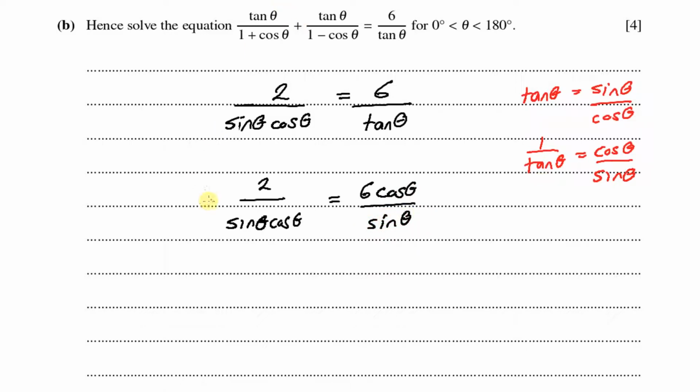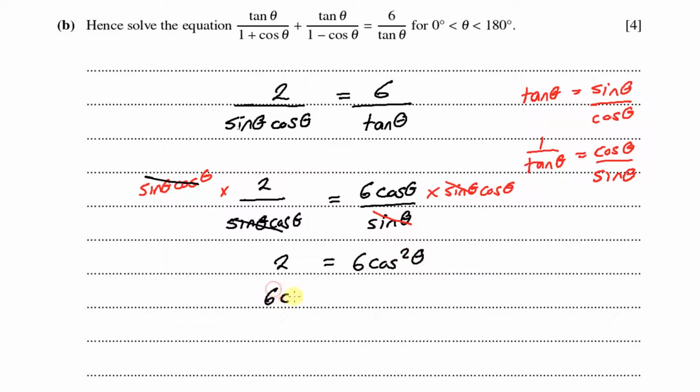And while I'm here, I'll multiply both sides by sine theta cos theta, so this side again by the same, which means here they'll cancel out, so I'm left with a 2, and here sine theta will cancel out with this, so I'm left with 6 cos theta cos theta, which is 6 cos squared theta.